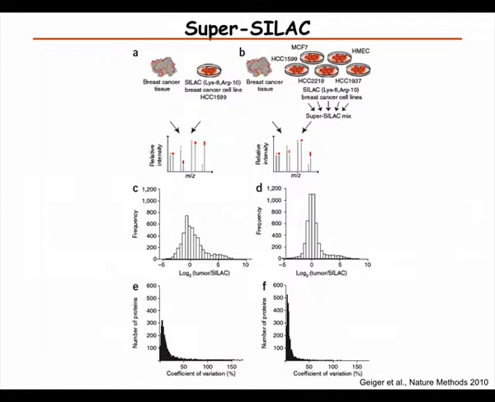Let's say you have 100 tumors and a mixture of cell lines that are all heavy. You can take a little bit and mix it into each tumor, so that when you analyze them you get an internal control, and you can then use that to normalize all your samples. So these are different tricks to overcome this difficulty with quantifying.